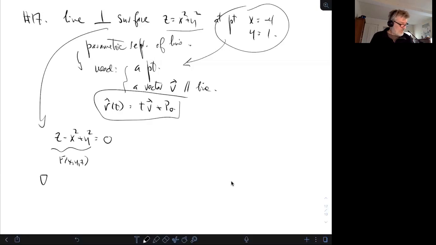The gradient of f at the point you're interested in is perpendicular to the surface. That's all. It's always that. Does that help? Yes, okay. All right.